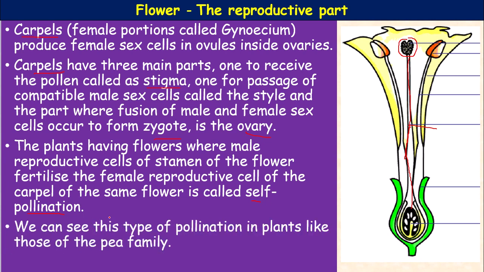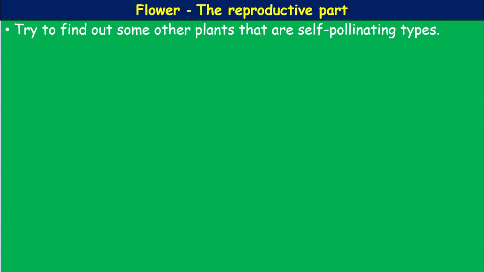So we can see this type of pollination in the plants of the pea family. Some other plants that are self-pollinating.